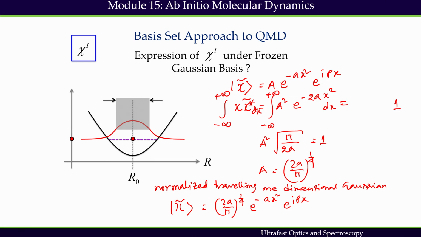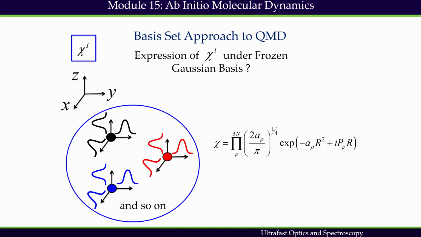a normalized traveling one-dimensional Gaussian. Now, if we have N number of atoms in the system, then I have 3N total degrees of freedom, because each atom can move along x, y and z direction. If the system with N atoms needs to be represented by traveling Gaussians, one can take a product of one-dimensional Gaussians. Each dimension is represented by r, and rho represents the 3N Cartesian coordinates. So we have to use a localized Gaussian.